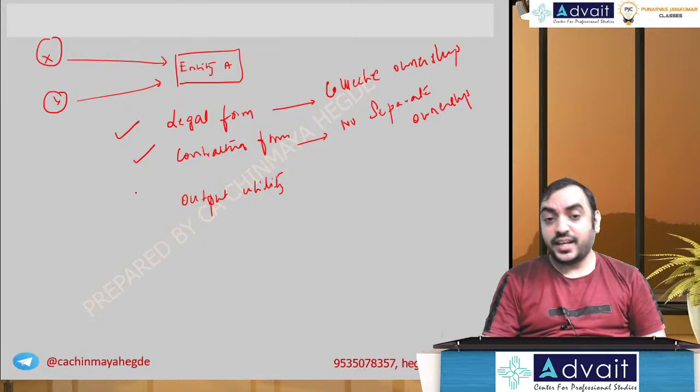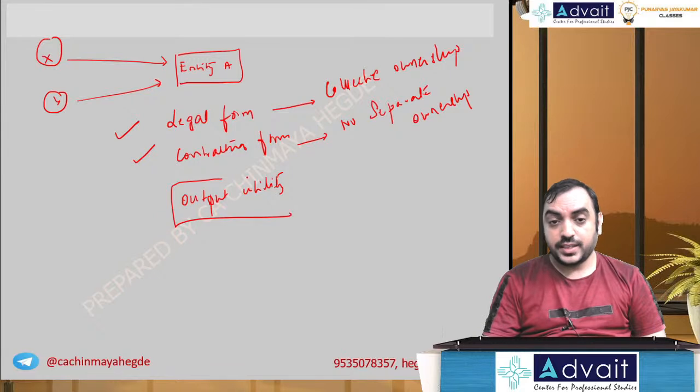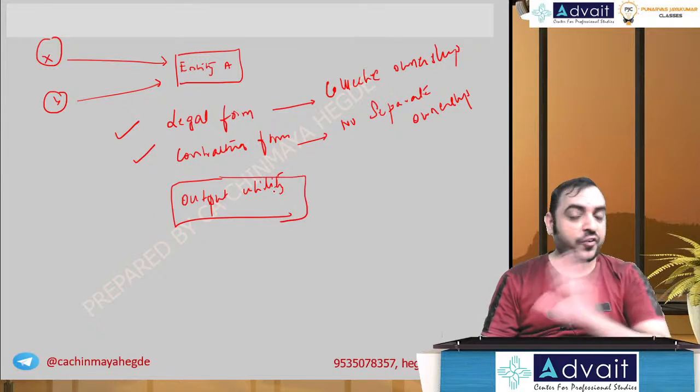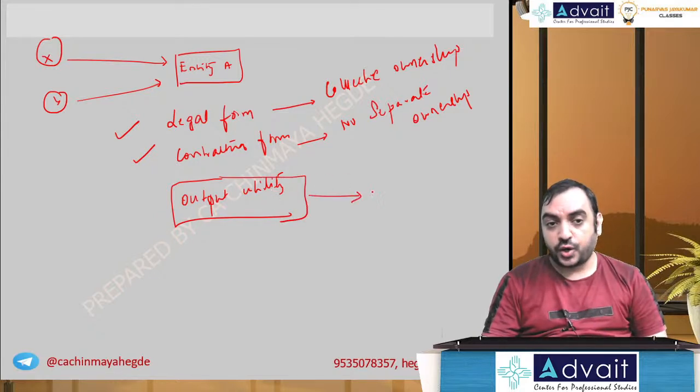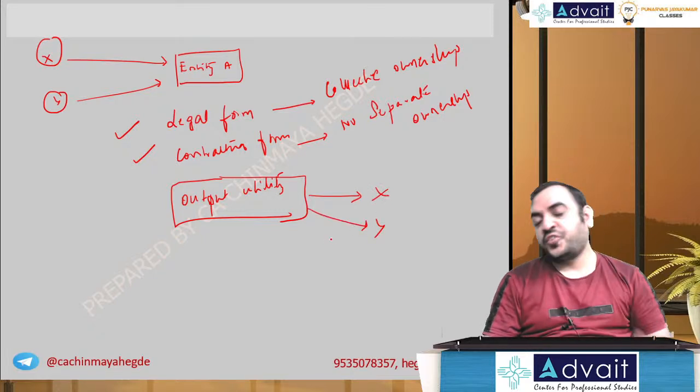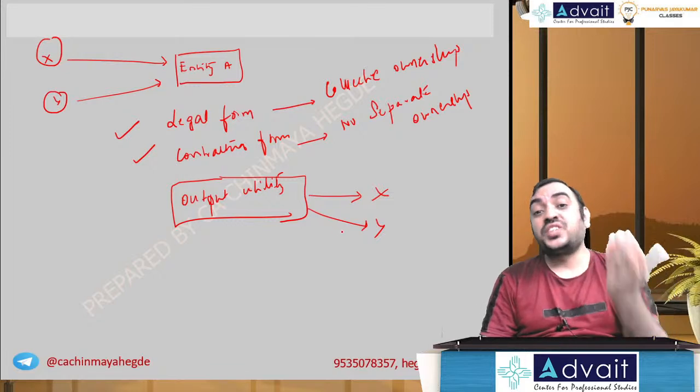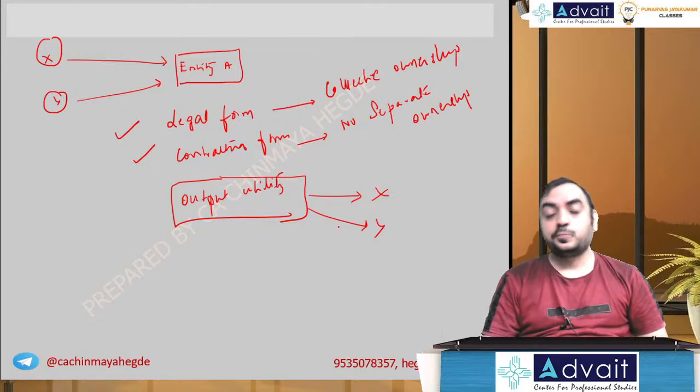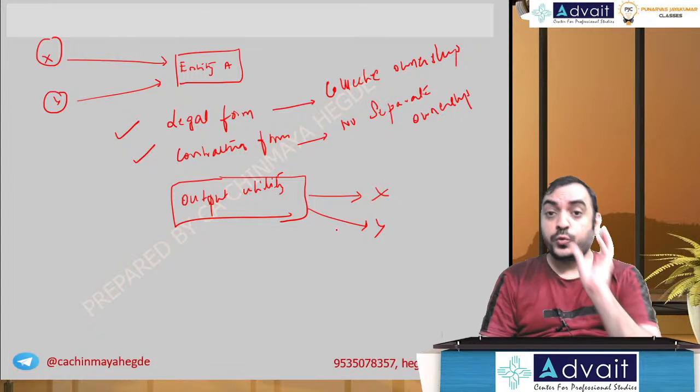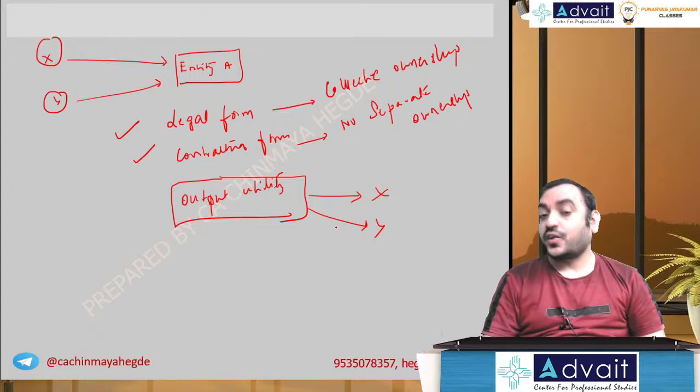Now, how is the output dealt with? The output is not for outsiders. Output is for X only and for Y only, not for outsiders. Even if you want to sell to outsiders, it will be with the decision of X and Y together. That is also very minimal and to recover the cost.